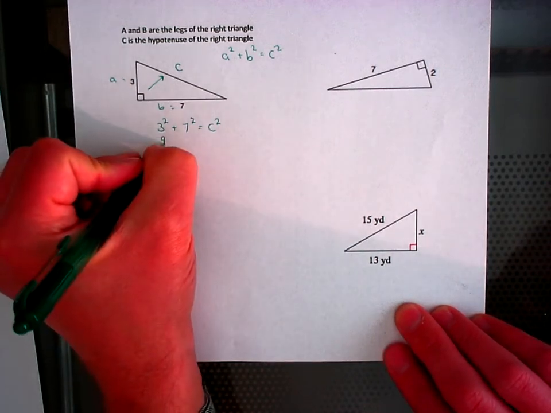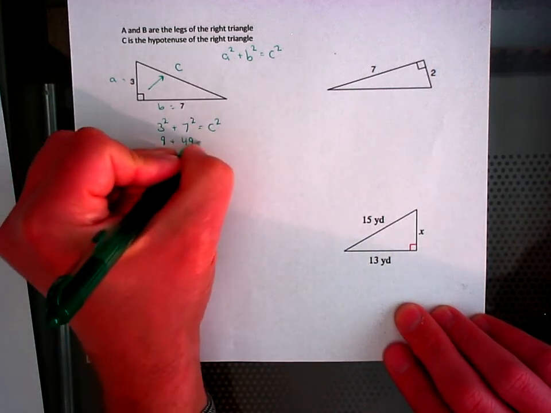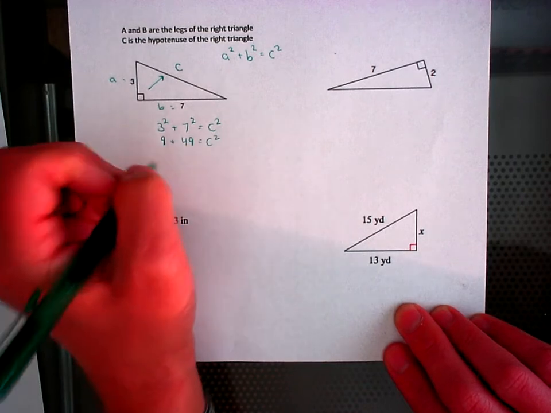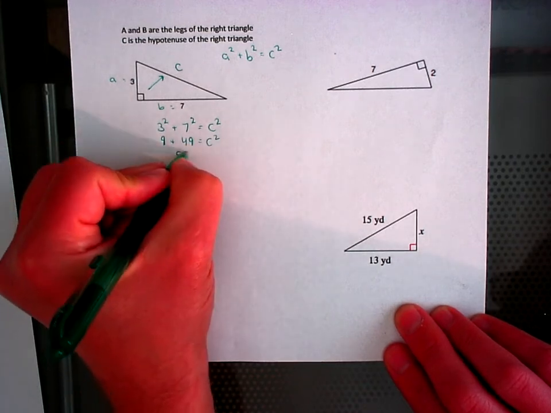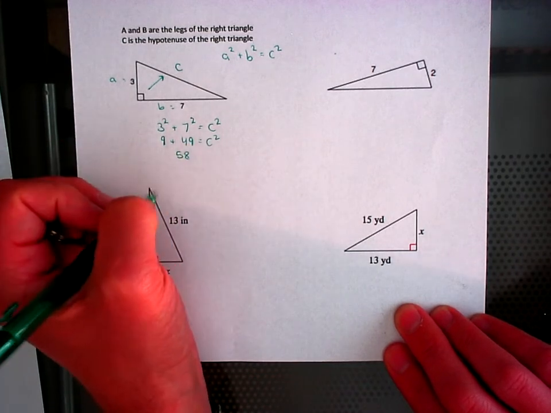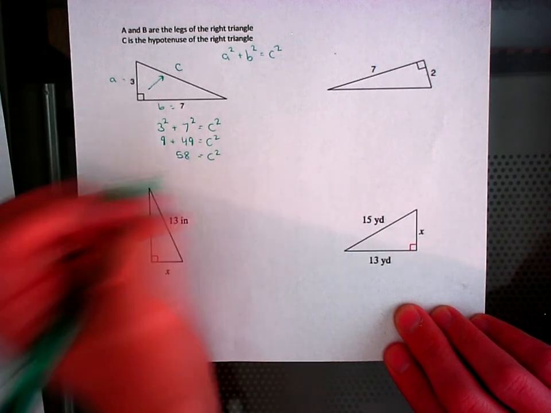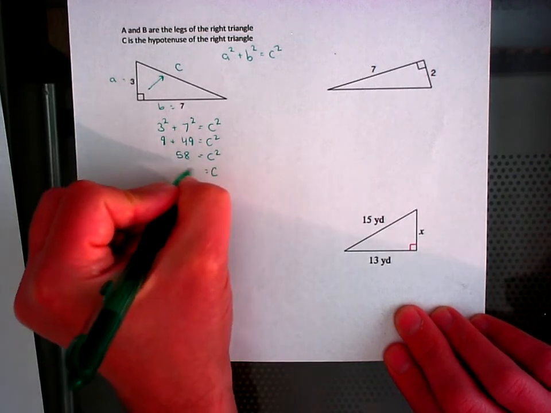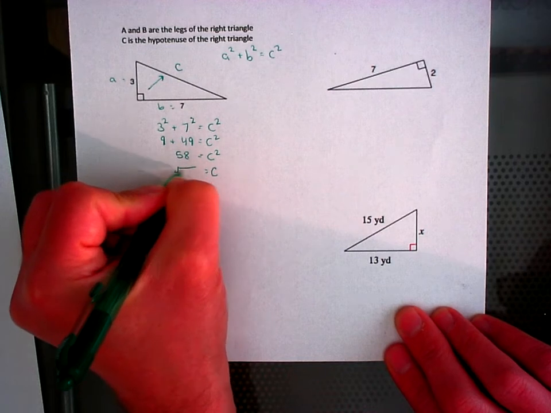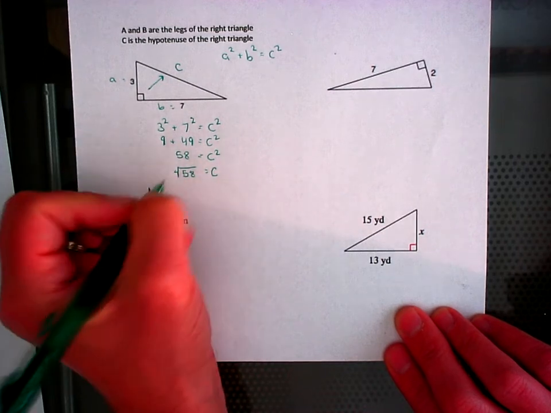So that becomes 9 plus 49 equals c squared. I add those two together, I get 58 equals c squared. Now what I'm going to do is take the square root of both sides. So c is equal to the square root of 58.